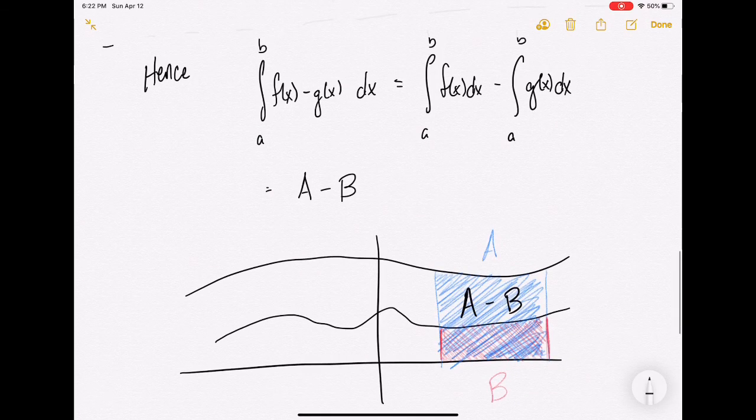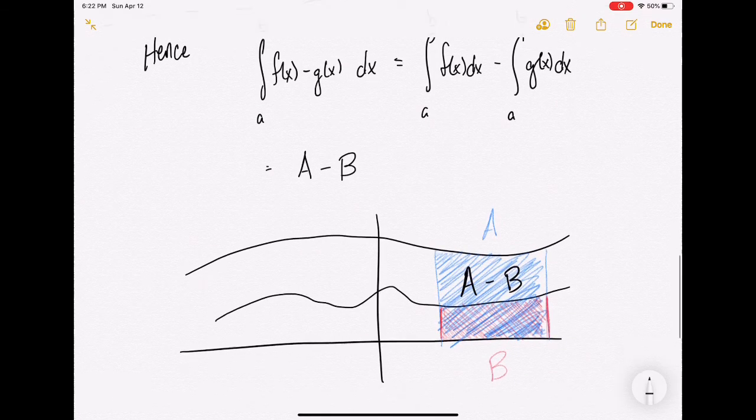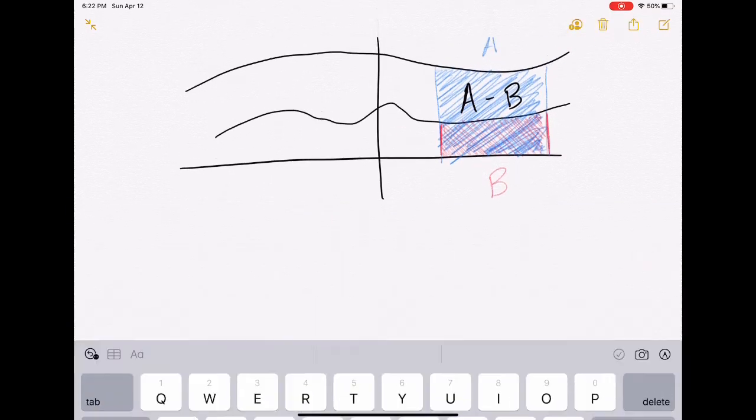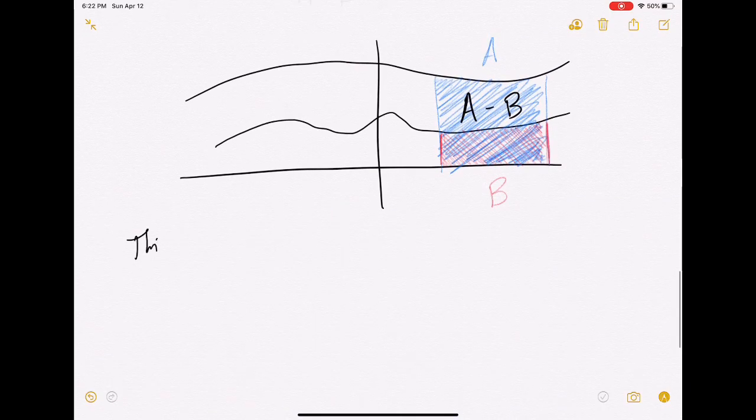Now you'll notice that was special because f of x was always greater than g of x. I'll say this is a special case, since f of x is always greater than g of x.